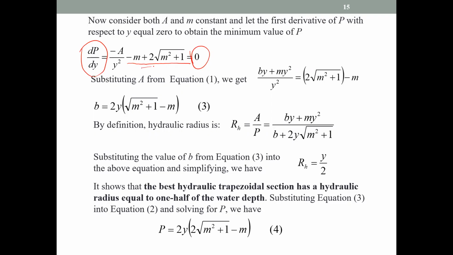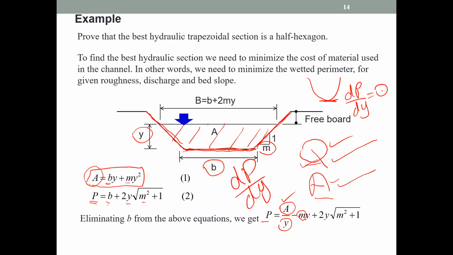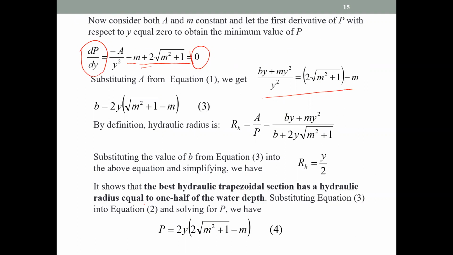So by using this equation, we should be able to get this one. Then substitute it into the equation here and here. So we have an equation for b, and keep it in mind that we got this b by minimizing the wetted perimeter with respect to y.